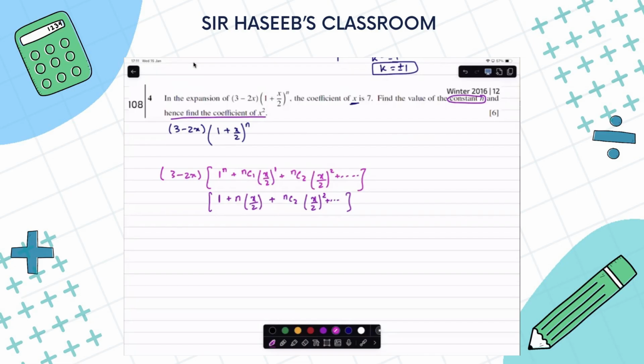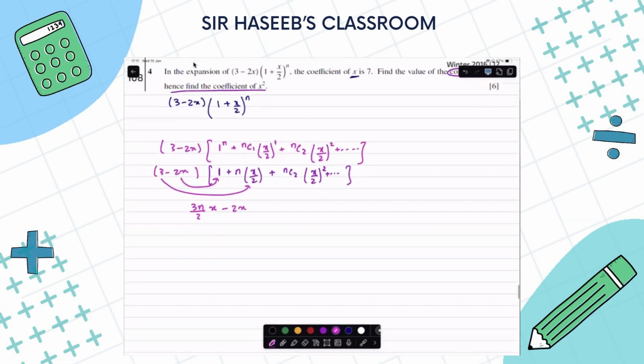Now I am ready for the coefficient of x. Coefficient of x would be when this gets multiplied by this. 3n over 2x. Agree? Plus or rather minus 2x. So what's the coefficient? 3n over 2 minus 2, isn't it?